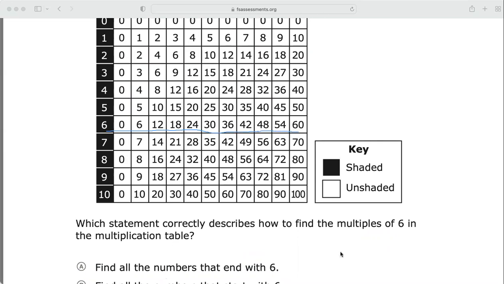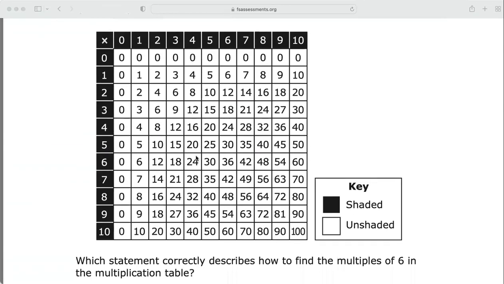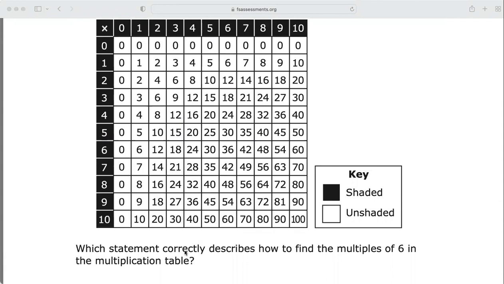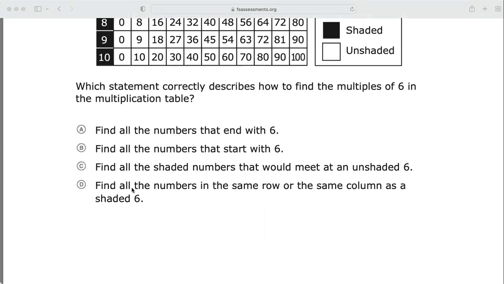Same goes for if you wanted to look at the number 6 up top and follow it all the way down. These are all multiples of 6. 6, 12, 18, 24, 30, 36, 42. So the correct answer is D. Find all the numbers in the same row or the same column as a shaded 6.